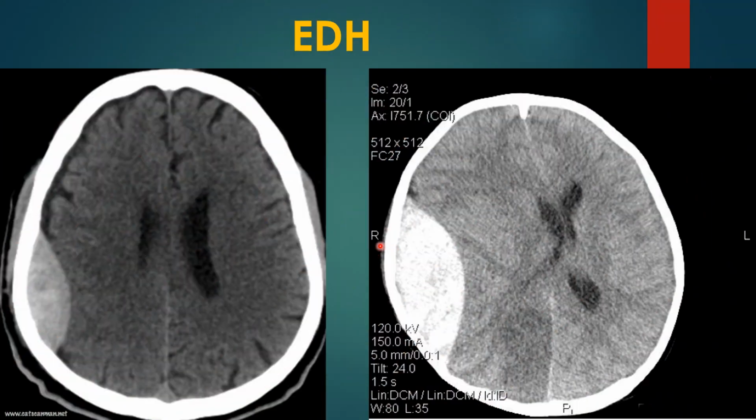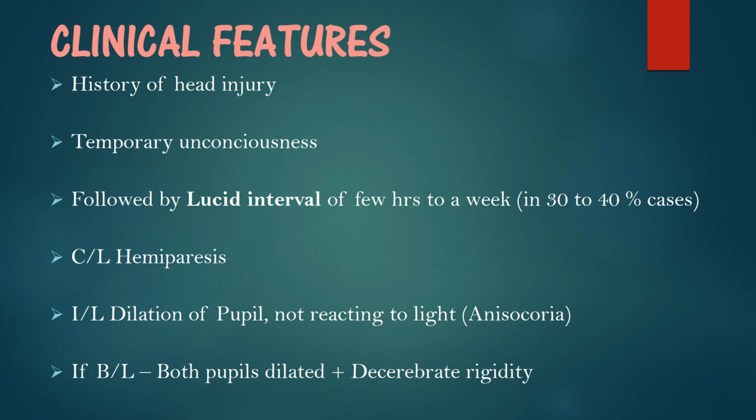This R means right side. That's a right-sided hematoma. So if the person doesn't recover, there can be left-sided hemiparesis, that is, loss of movement of the left hand and left leg. Ipsilateral means same side. Ipsilateral dilatation of the pupil not reacting to light is called anisocoria. Anisocoria means one eye is not reacting to light, another one is reacting.